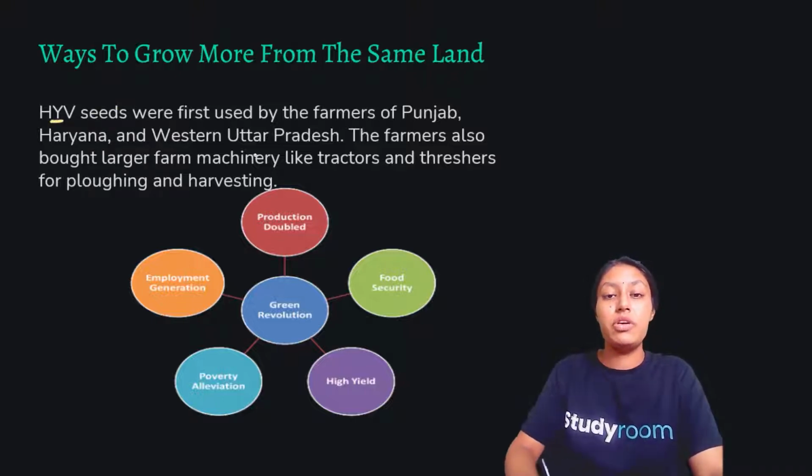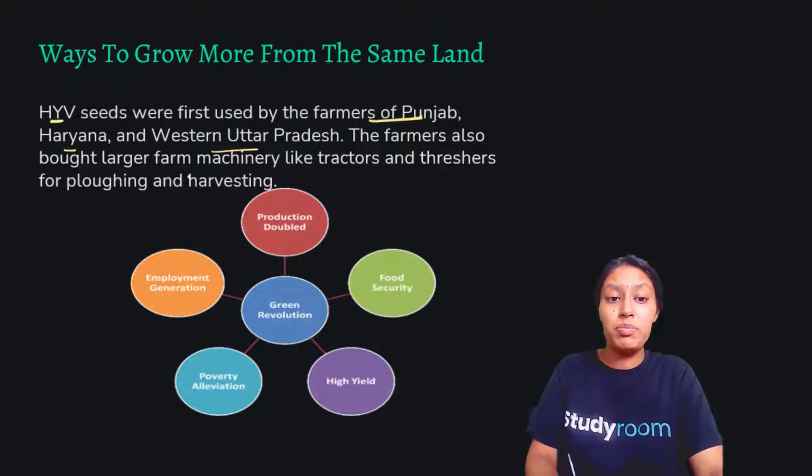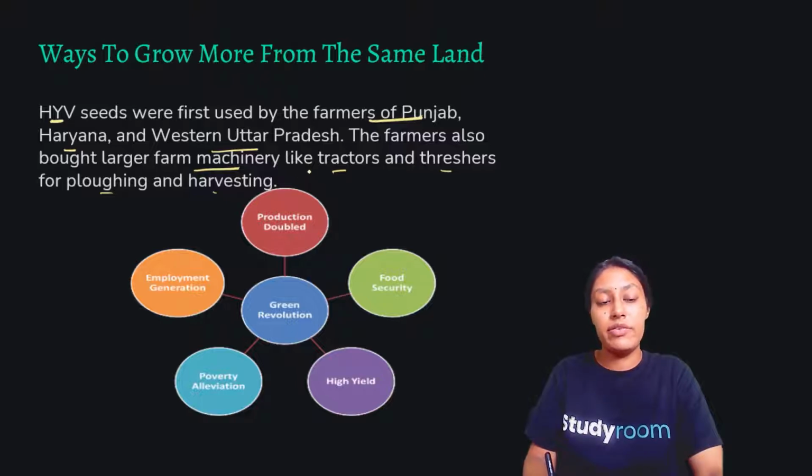HYV seeds were first used by the farmers of Punjab, Haryana, and Western Uttar Pradesh. It was an experiment in these three major states. The farmers bought large farm machineries like tractors and threshers for plowing and harvesting. This was the input required for sowing HYV seeds.